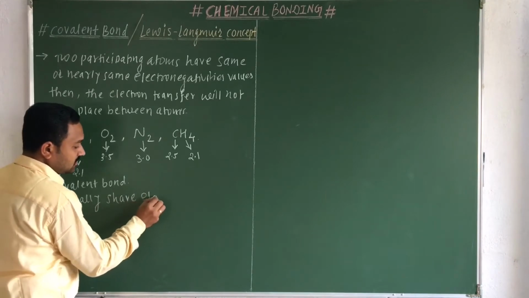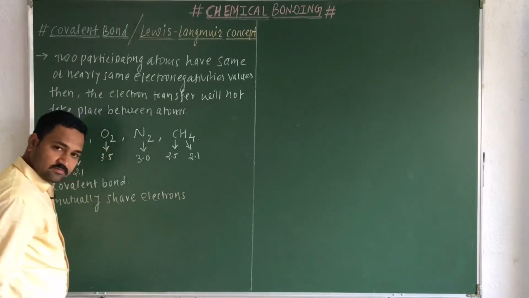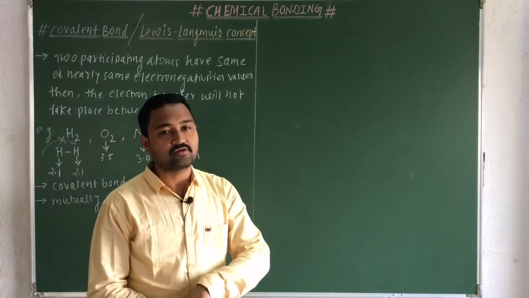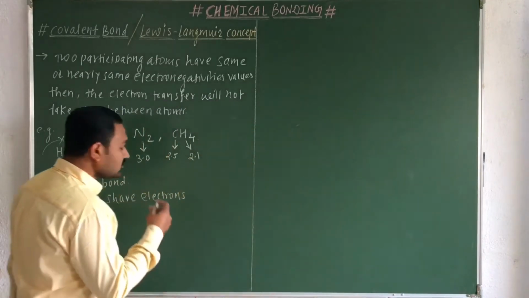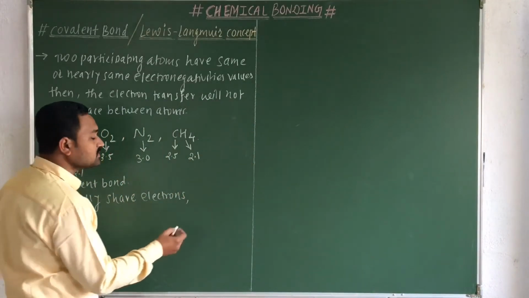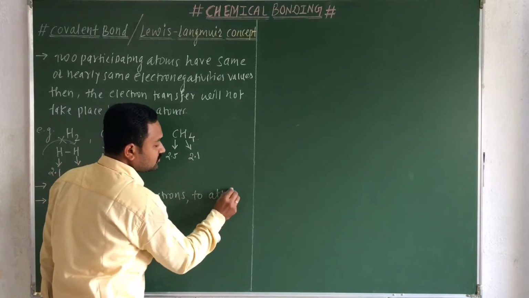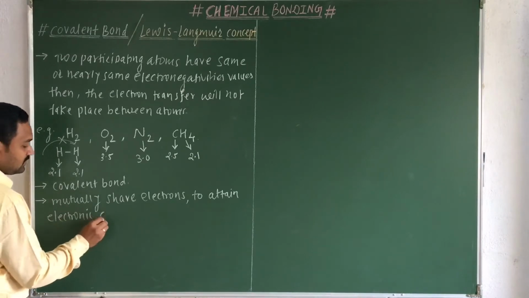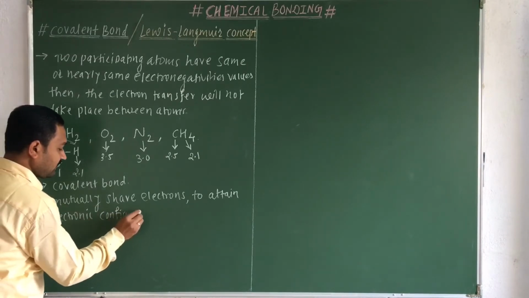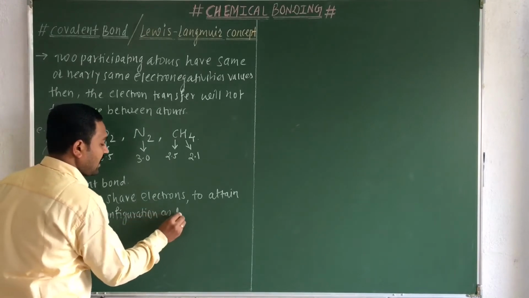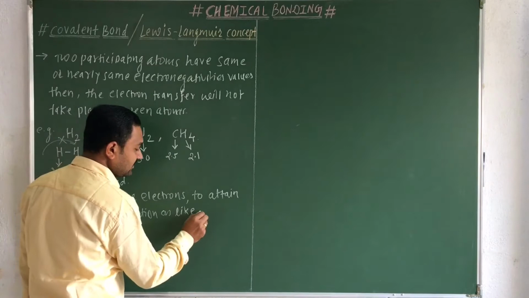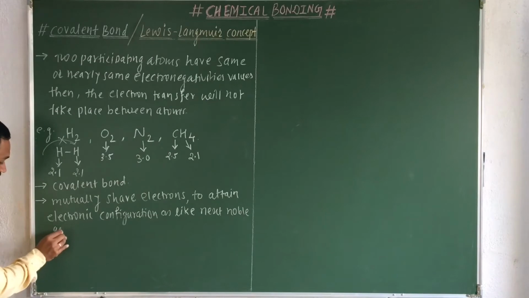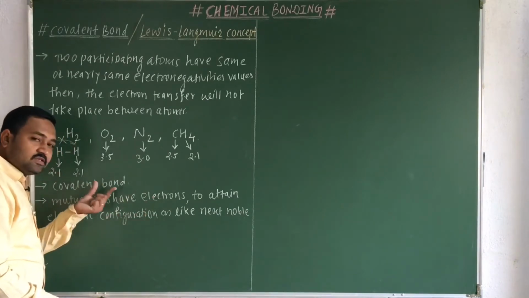That means the participating atoms in a covalent bond share the electrons; they do not transfer them. Now for what purpose do they transfer electrons? Obviously to attain the electronic configuration of the next noble gas.